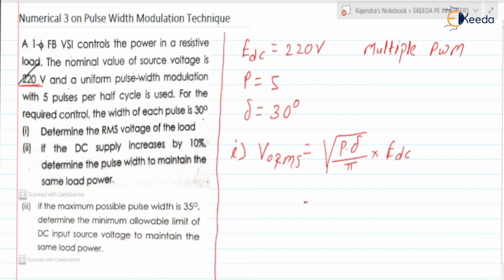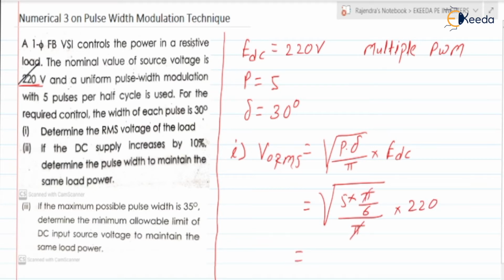So we can write it is equal to under root, what is P? P is 5 into delta. Delta is 30 degree, so in radian it is pi by 6, divided by pi, into EDC, which is 220. So pi will get cancelled.